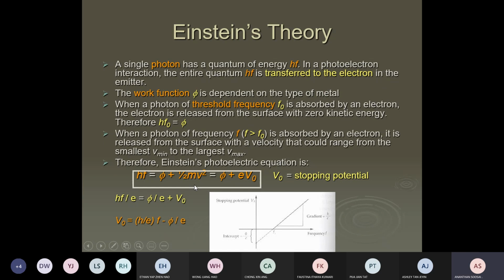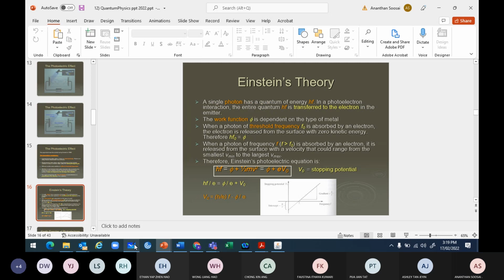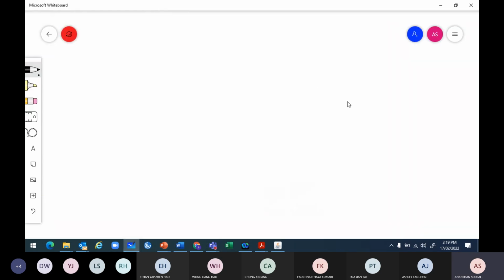That's the idea he put forward, with the equation hf equals phi plus half mv squared. Now he added more: one electron only receives one photon. So I go back to the whiteboard. Okay, the metal plate, the electron is bonded.